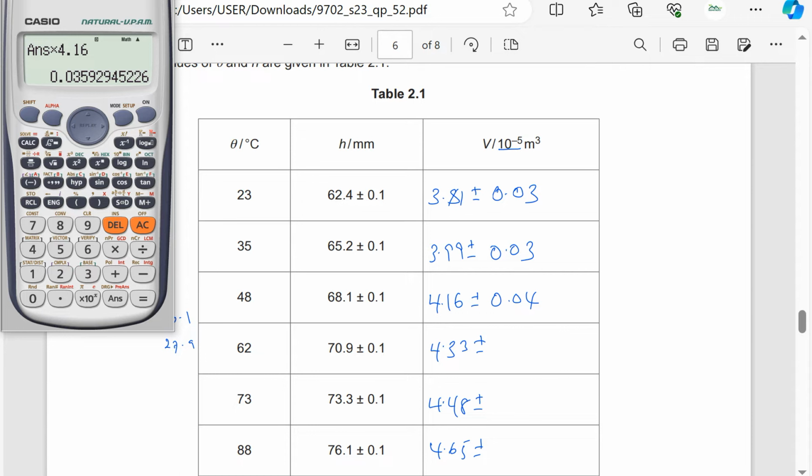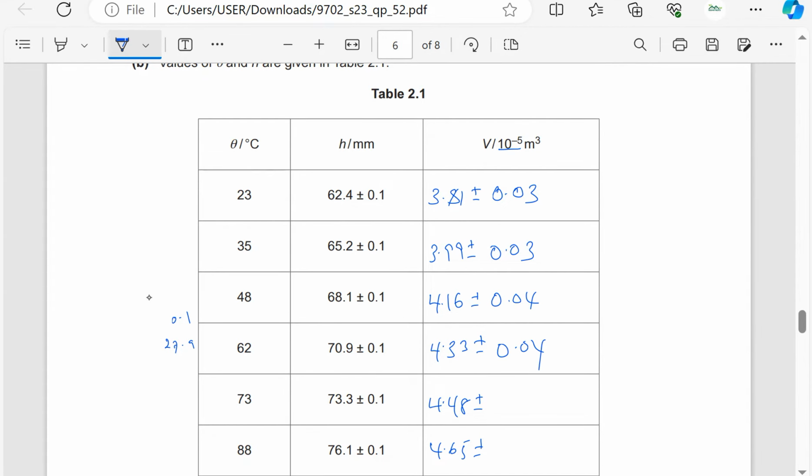The next one is 0.2 divided by 27.9 plus 0.1 divided by 70.9, then times the value of V, which is 4.33. So this is still 0.04.